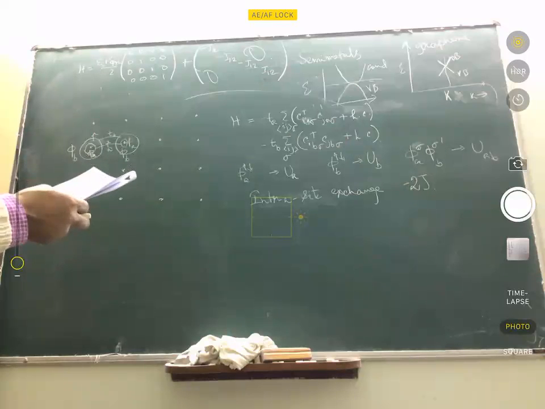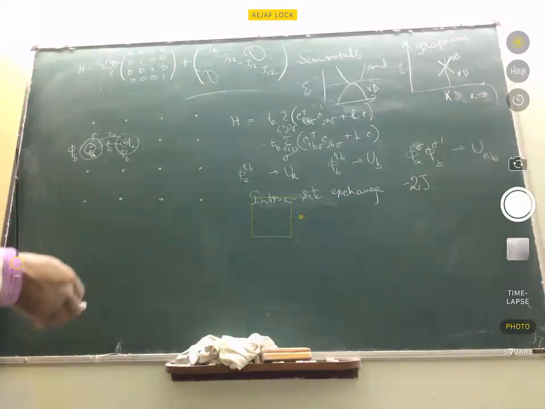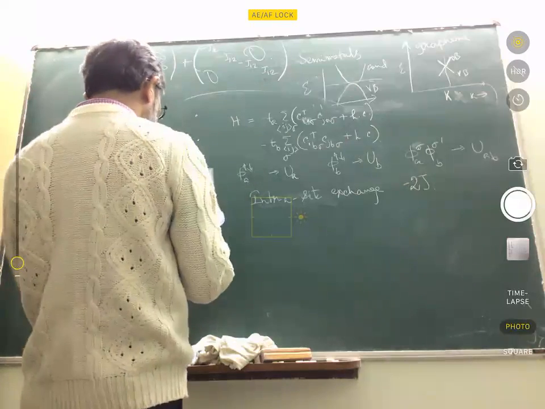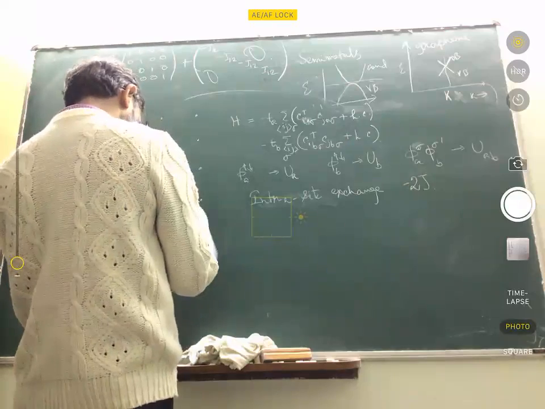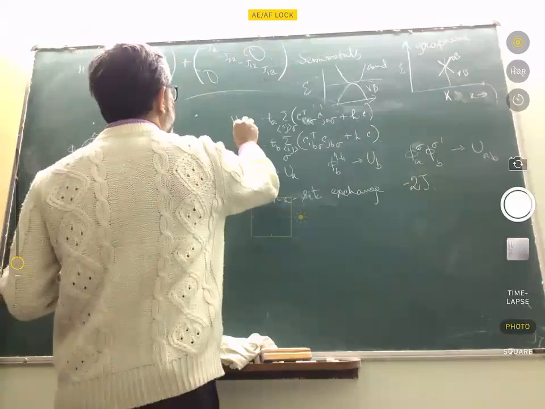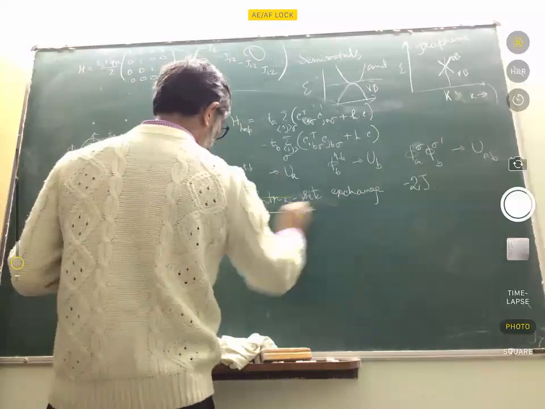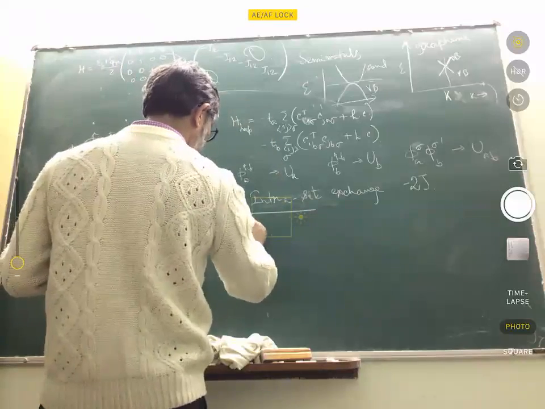All right, so that is not the full Hamiltonian. What I wrote is the hopping part of it. And here I will write the interaction part of it.